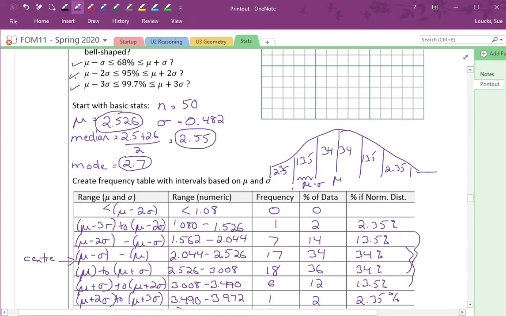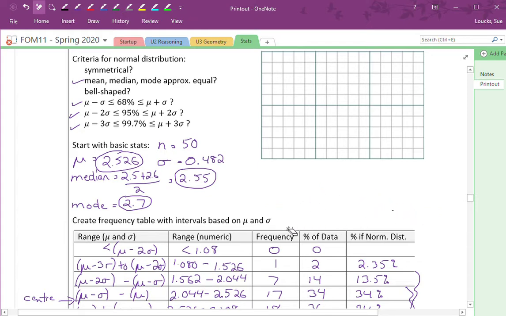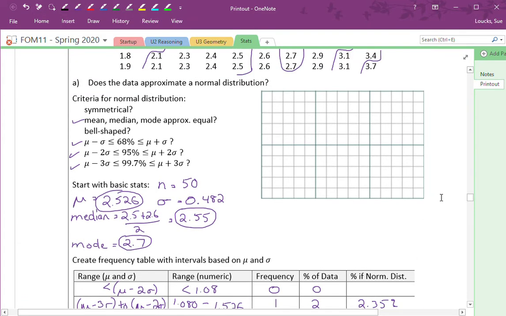And now we just need to plot it so we can see if it's symmetrical or not. So I need to erase all of this because I'm going to need this space for writing in the things on my graph, which is much easier to do on paper than it is on this tablet.